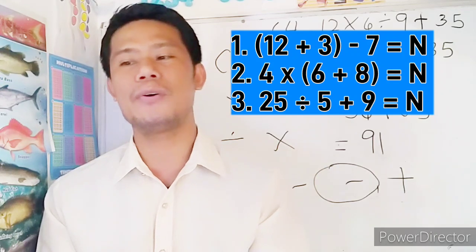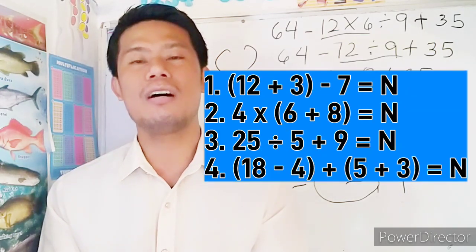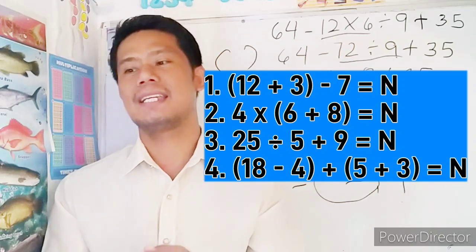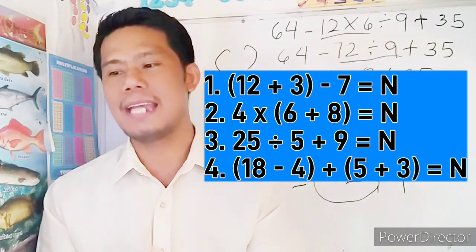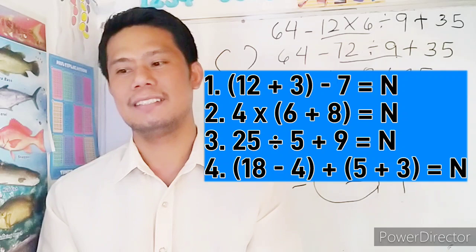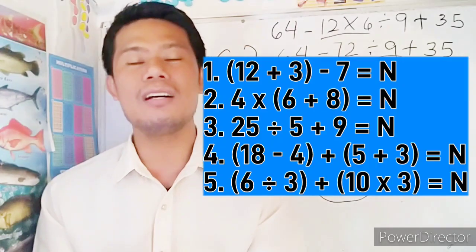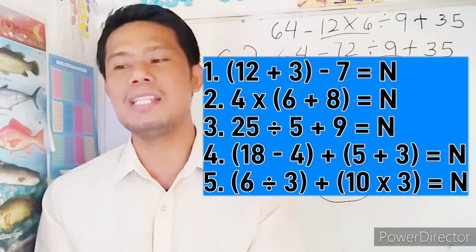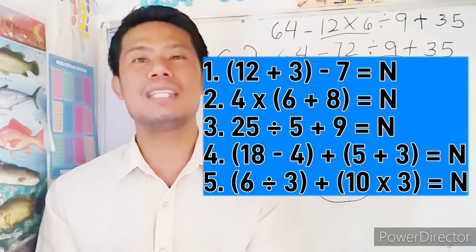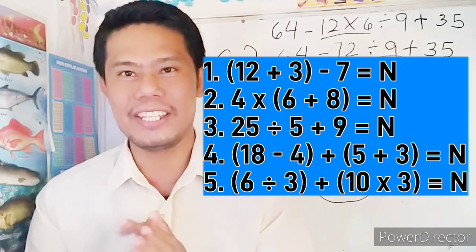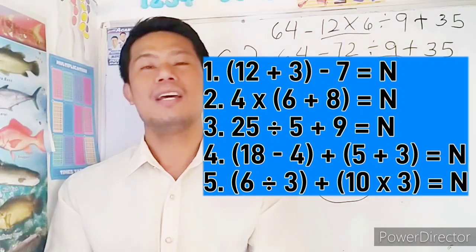And number 4, quantity of 18 minus 4 plus 5 plus 3. And number 5, we have quantity of 6 divided by 3 plus quantity of 10 plus 3. Okay, are you done? So let us check now.